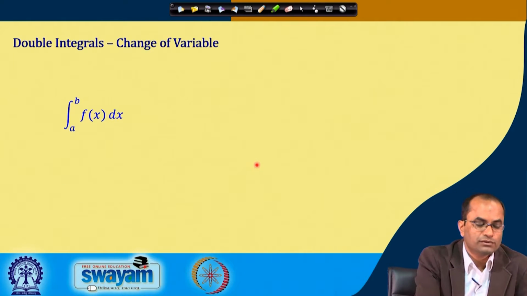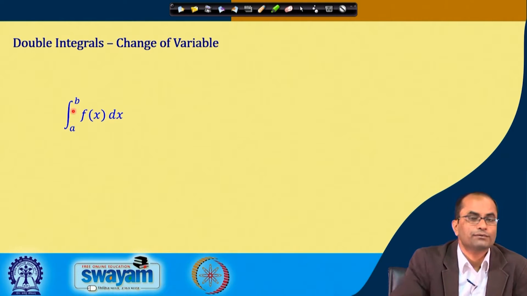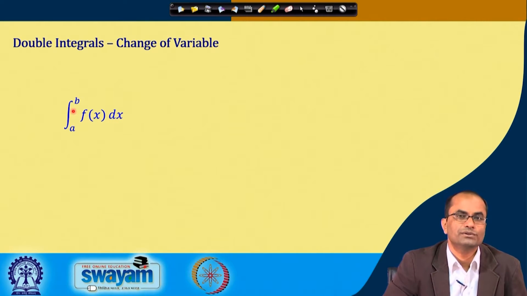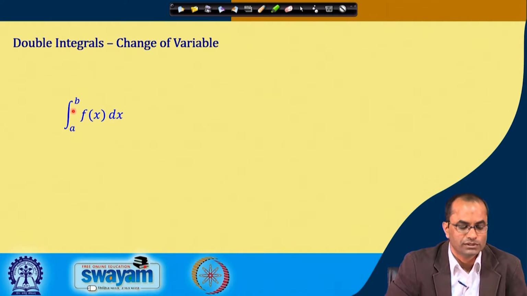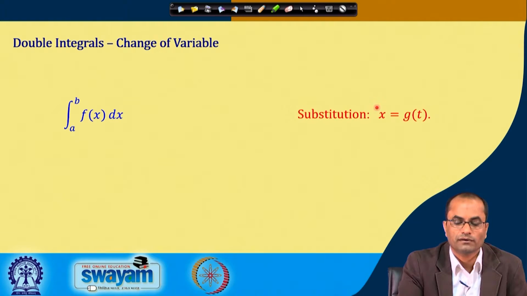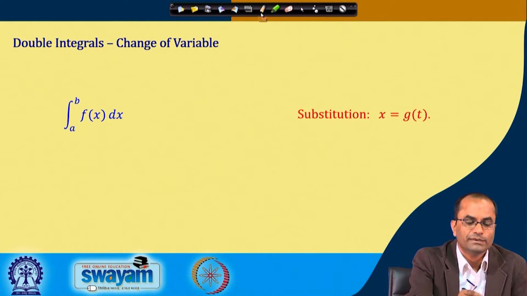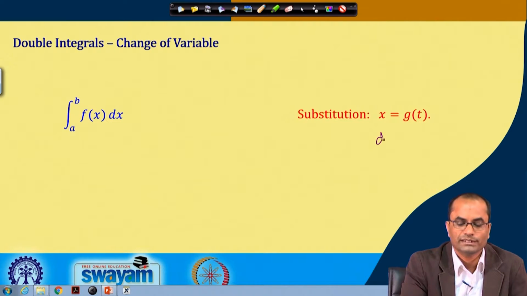So, just to recall, if we have a single integral of f x dx, and the limits of x vary from a to b, and we want to substitute now to a new variable, x to let us say t, by this relation x is equal to g t. So, what we do, we immediately get what will be our dx from here.